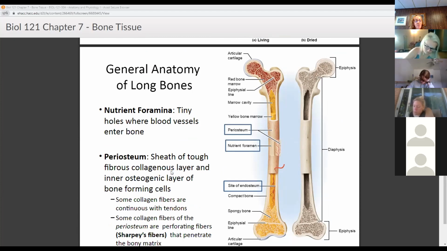Periosteum is the sheath of tough fibrous collagenous layer and an inner osteogenic layer of bone forming cells. So this is tough, dense, irregular connective tissue with an inner layer of osteogenic cells.